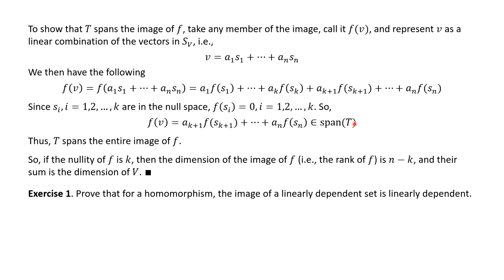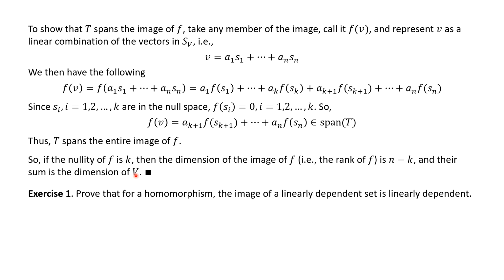And that's an element of the span of T, which is what we wanted to prove. If you recall at the beginning of the proof, we said if we could prove that, then we're done. And thus, T spans the entire image of F. So if the nullity of F is k, then the dimension of the image of F, i.e. the rank of F, is n minus k, and their sum is the dimension of V. Okay, so that's the proof.